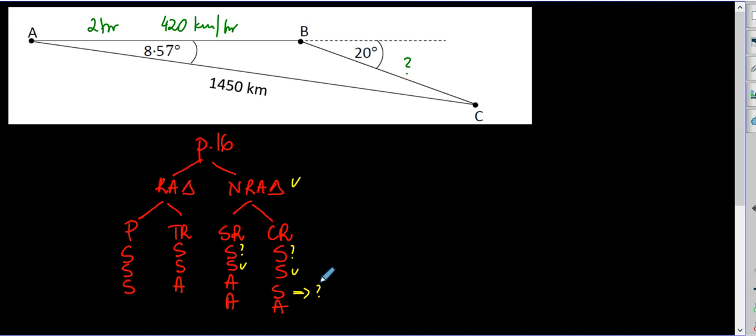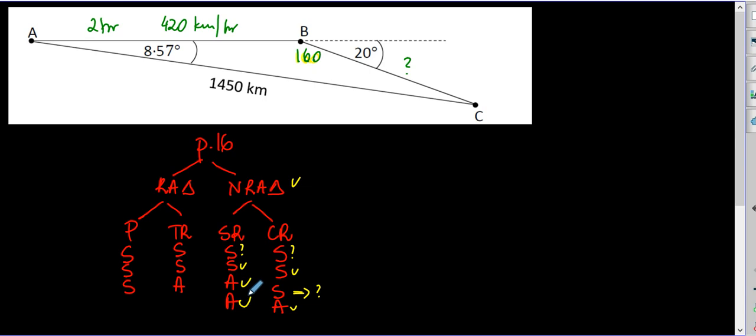What else do we have? We have an angle 8.57, and then we have an angle here. Now, can that help us to find the angle in the triangle? Well, obviously yes, because all of that is 180. So from 180, if I take away 20, that will be 160. Let's just mark that in green, 160.